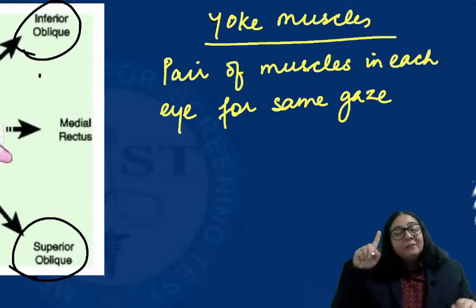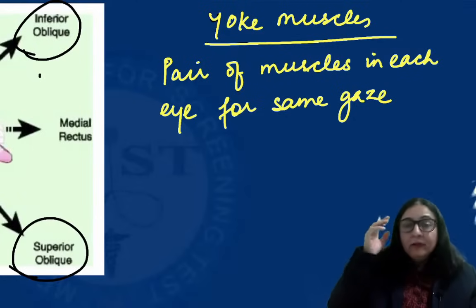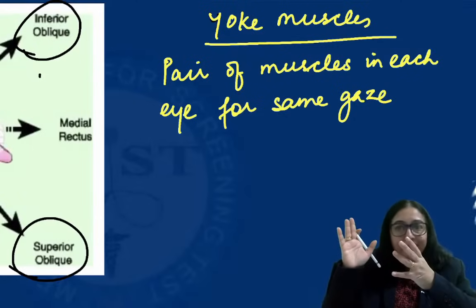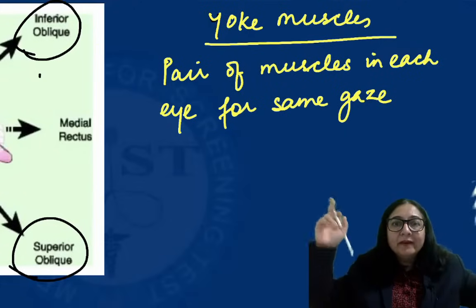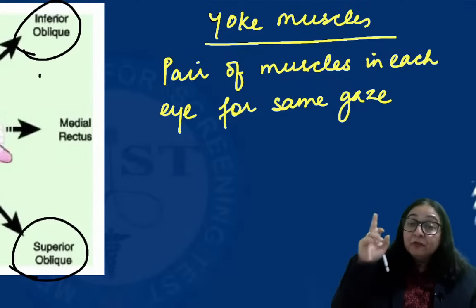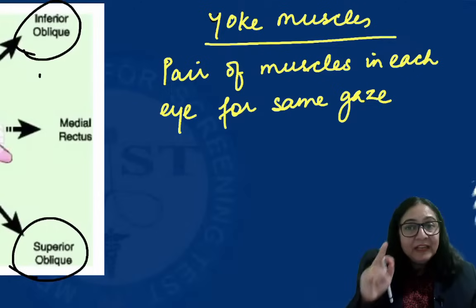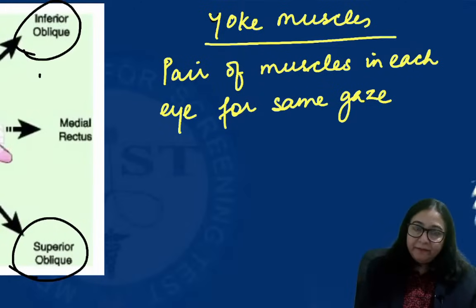Same gaze means when you want to move the eye in a particular gaze, both eyes move together. है ना, ऐसा तो नहीं है कि one eye is moving towards right and the other eye will move towards left. So both eyes have to move in the same direction. So there will be one muscle in each eye which will make the eye move in that direction.